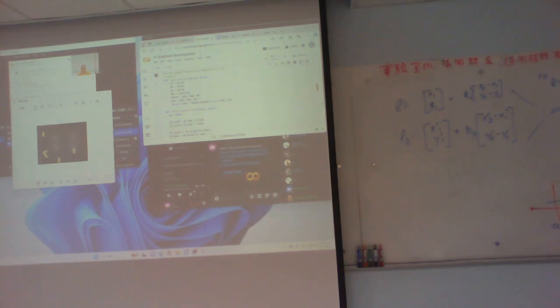And then E is equal to O2 minus O2 star.